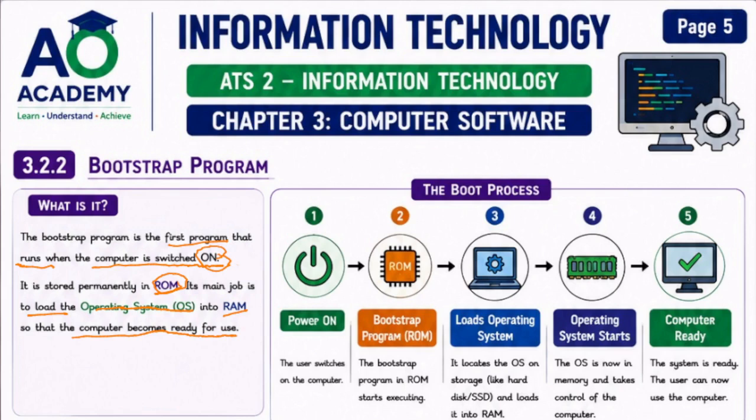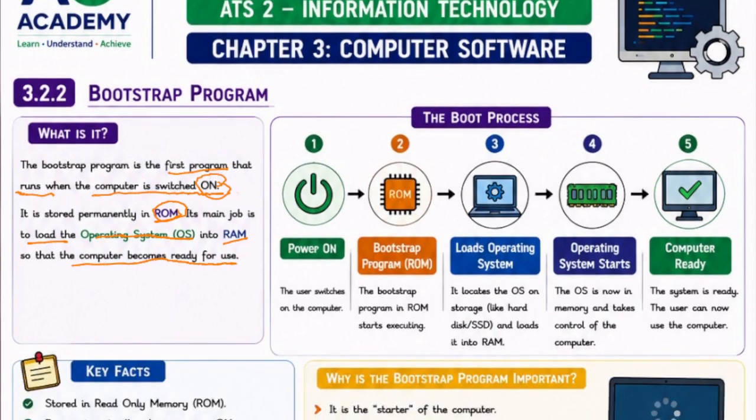So the boot process now, what is the boot process? Number one, the user switches on the computer. Number two, the Bootstrap program, which is found in the ROM, starts executing. Number three is loading the operating system.